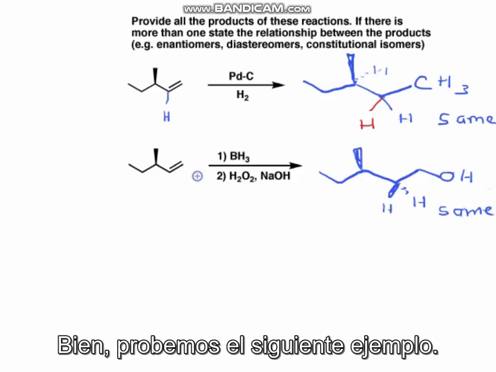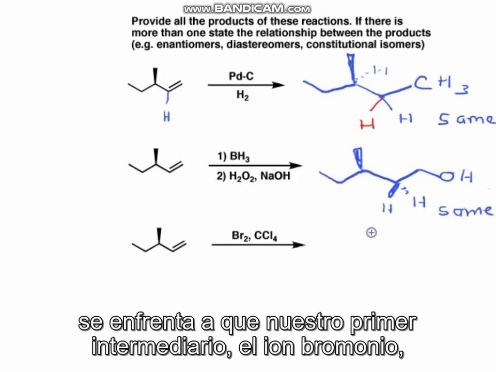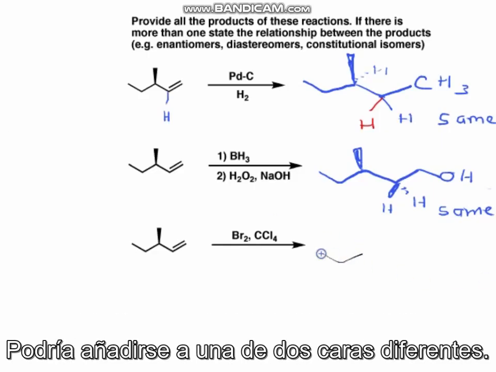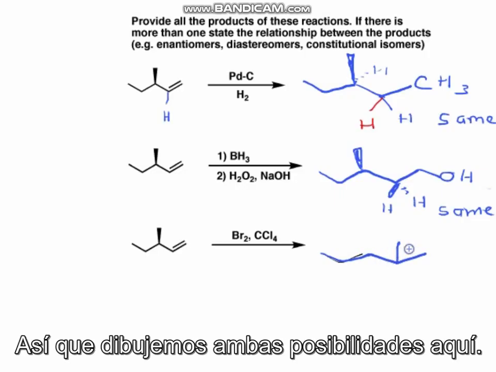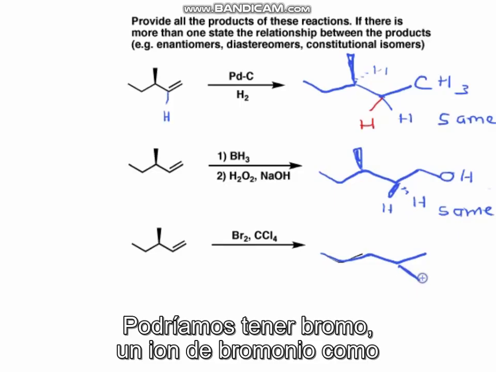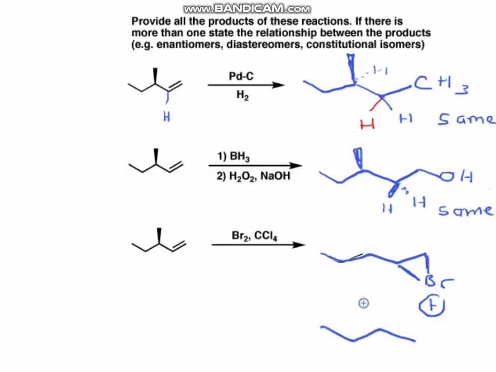Okay, let's try this next example. Now here we actually have two possibilities, two faces of this alkene that our first intermediate, the bromonium ion, could add to. So let's draw both possibilities here. We could have the bromonium ion as a wedge, and we could also have the bromonium ion as a dash.